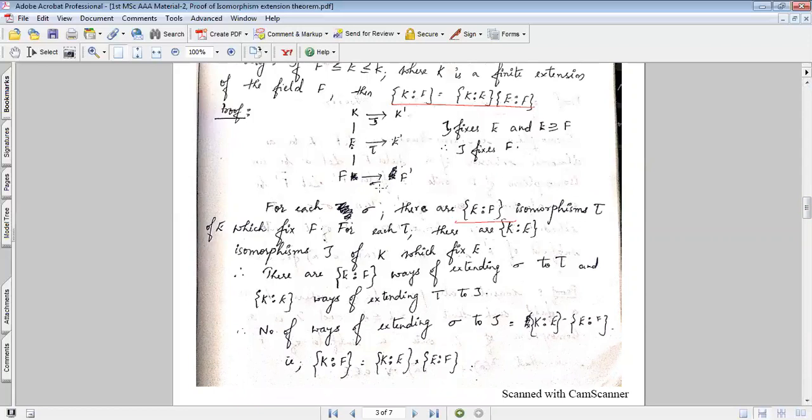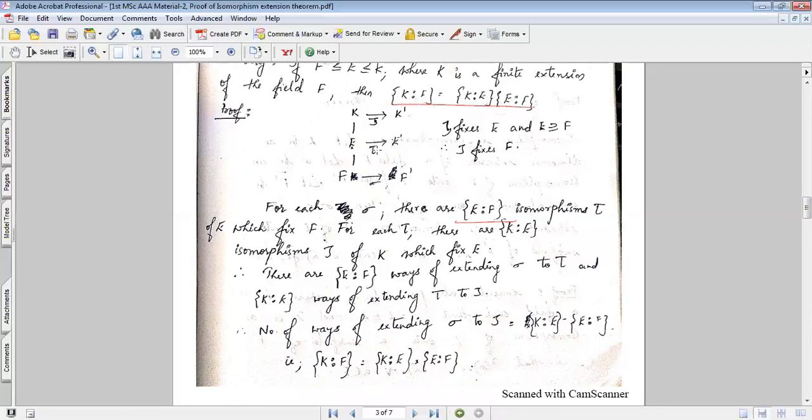So what does that mean? There are index of E over F ways of extending from sigma to tau, and there are index of K over E ways of extending from tau to zeta.